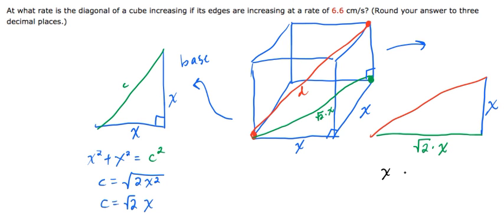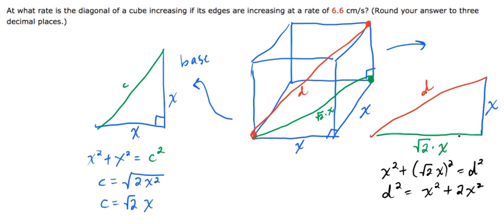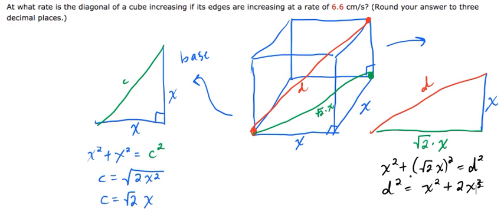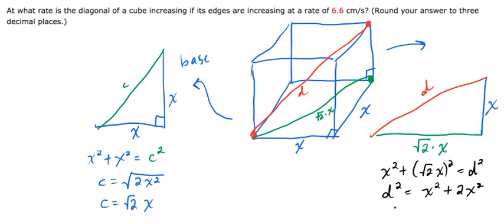So here x squared, plus this leg squared, so root 2 times x squared, is equal to the diagonal squared. So solving for D, we have D squared equals x squared plus root 2 squared is 2, so that's 2x squared. So the diagonal squared is equal to 3x squared.